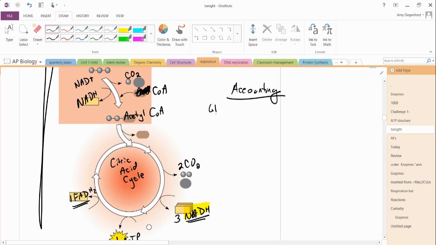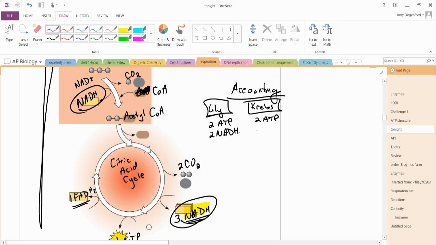Accounting of everything. Now in glycolysis, we were able to get 2 ATP, that's net, and then 2 NADH. Now, not a lot of ATP yet. And then we have our Krebs, or citric acid cycle. And here's where you're going to start noticing the numbers climbing. 2 ATP, because we had 1 down here, we had to multiply it by 2. We have 3 NADH here, 1 NADH there.